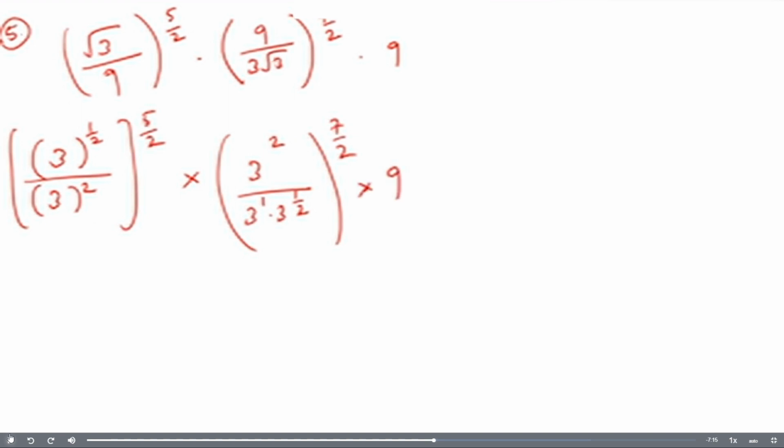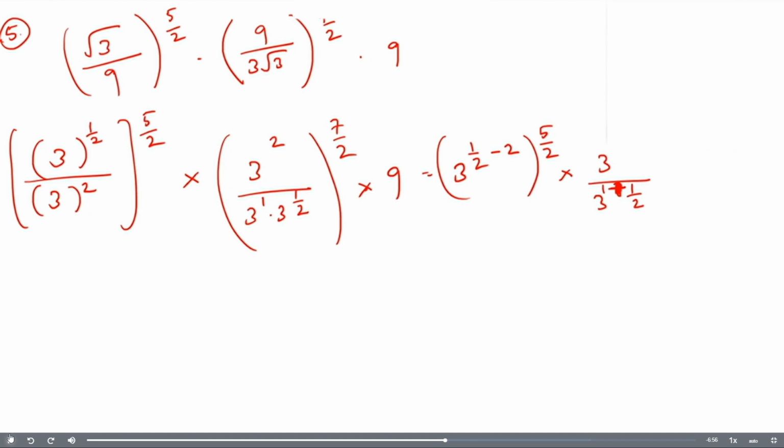This you can write as 3 to the power (half minus 2) whole power 5 by 2, into 3 to the power 2 by 3 to the power (1 plus 1 by 2) whole power 7 by 2, into 3 square.